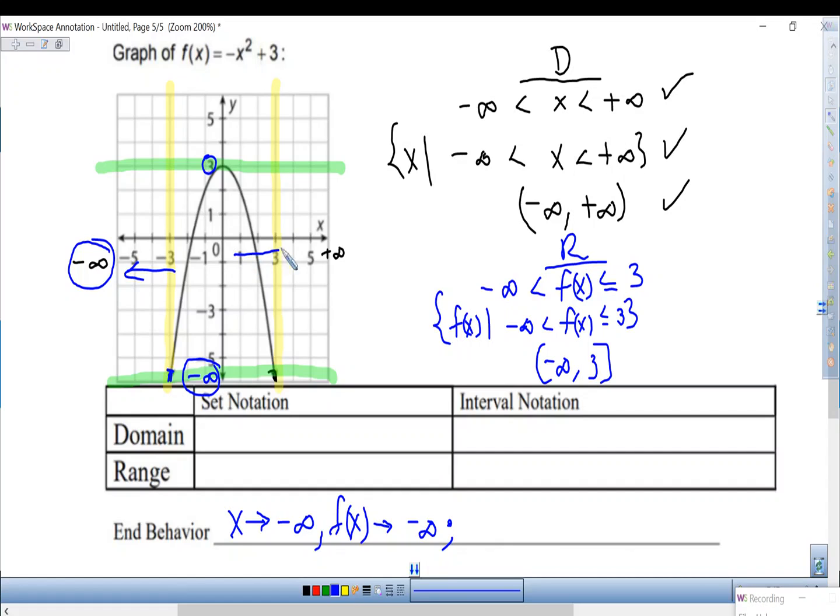As my x values approach what? Positive infinity. What's happening on this side? It's going to continue going towards what? Negative infinity. So we write as x approaches positive infinity, comma, f of x approaches negative infinity. That's how you describe the ends of the graph. You go with the left side, and then you go with the right.